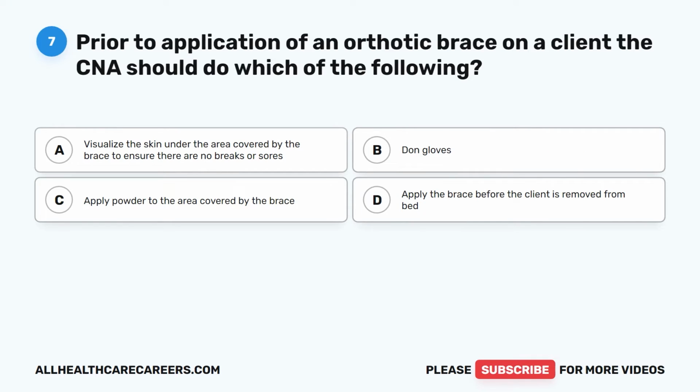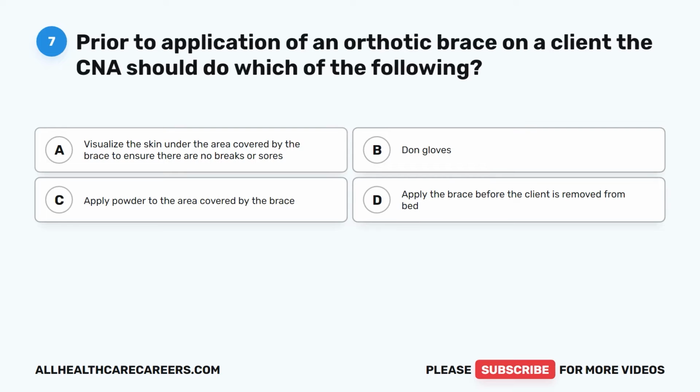Question 7. Prior to application of an orthotic brace on a client, the CNA should do which of the following? A. Visualize the skin under the area covered by the brace to ensure there are no breaks or sores. B. Don gloves. C. Apply powder to the area covered by the brace.